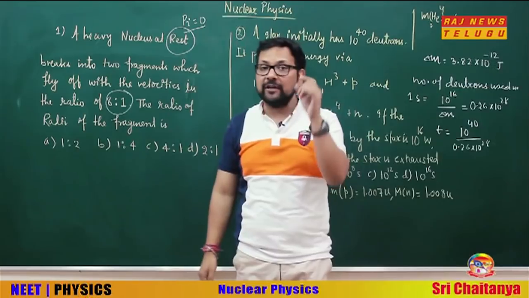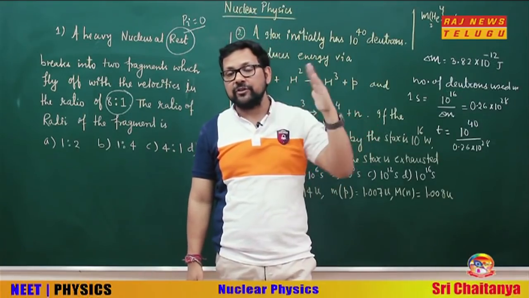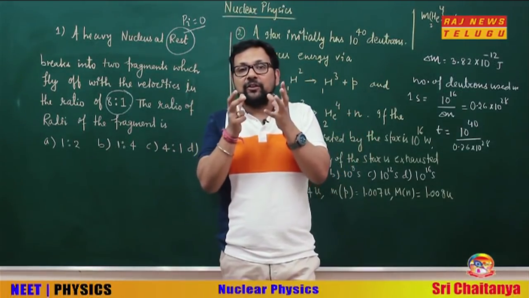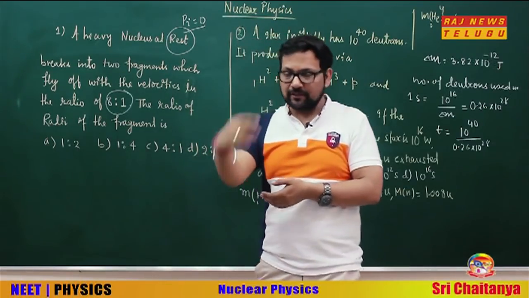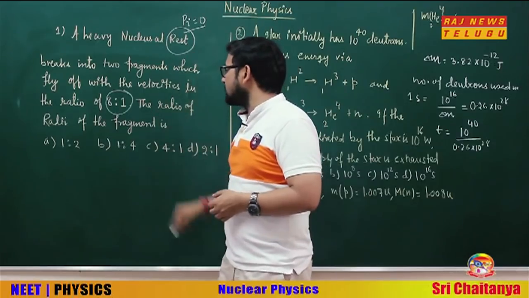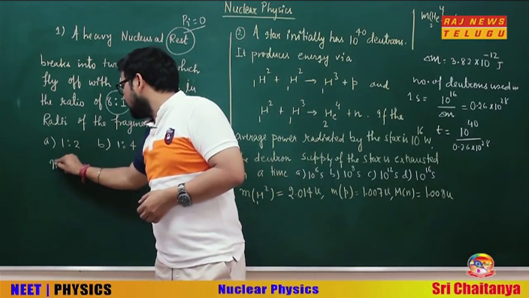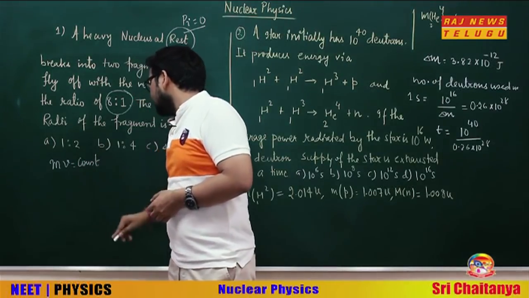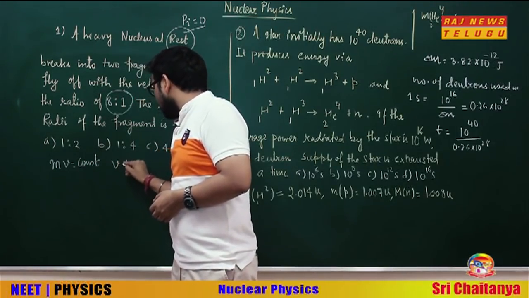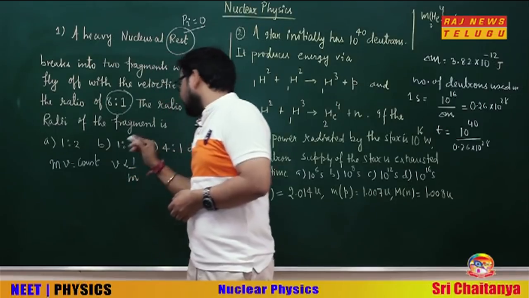If you remember, we have discussed this concept initially. If a heavy nucleus is splitting, momentum will remain constant. So mass times velocity is constant, and from here velocity is inversely proportional to mass.